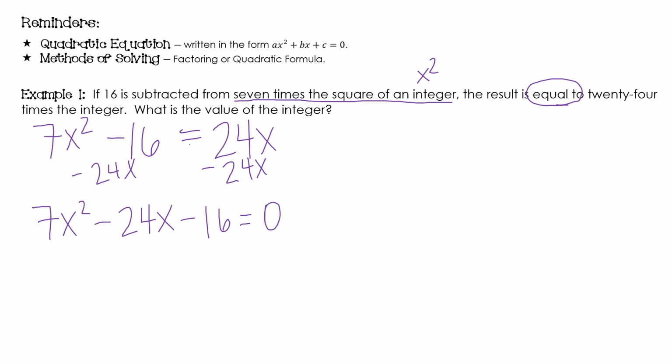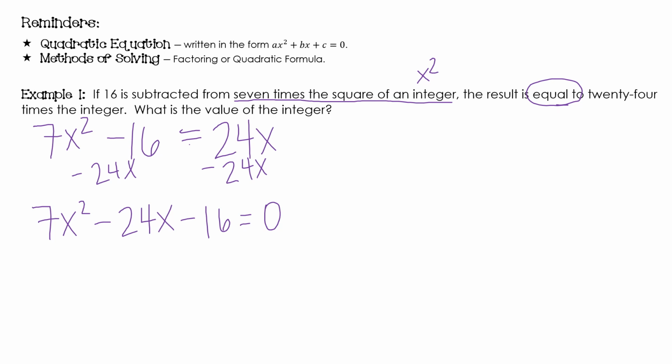Now, we talked about this a lot when we were solving, but when you are factoring, in order to be able to factor, that means that your solutions are going to be rational numbers. If your solutions are going to be irrational, that means you have no other choice but to use the quadratic formula.